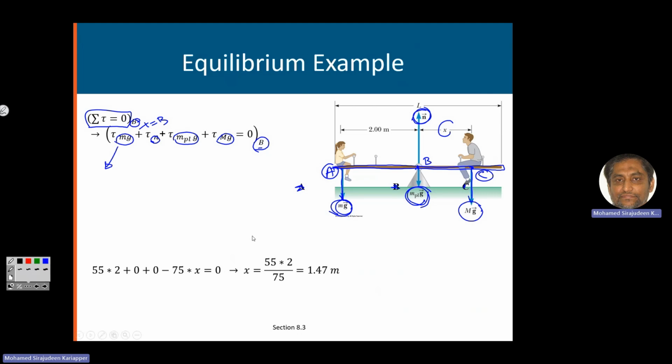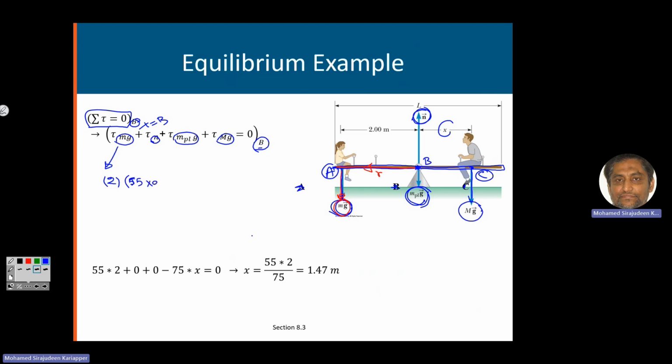So what is the torque? This is the woman right here, she's sitting here. So from the pivot point, you need to draw a line to where the force is applied. So the R will be this, and this will be the force. So it is equal to the distance R, which is 2 meters, and the woman's weight, I remember, is 55 kilograms.